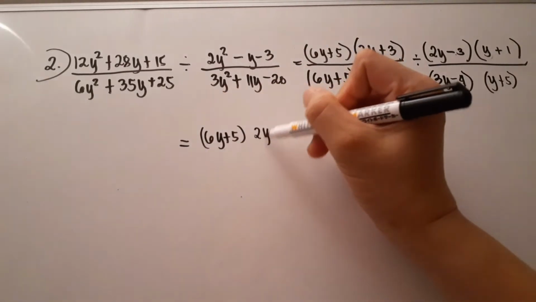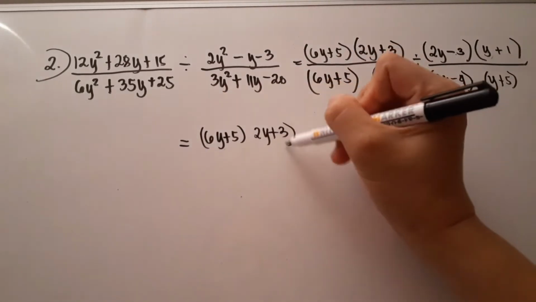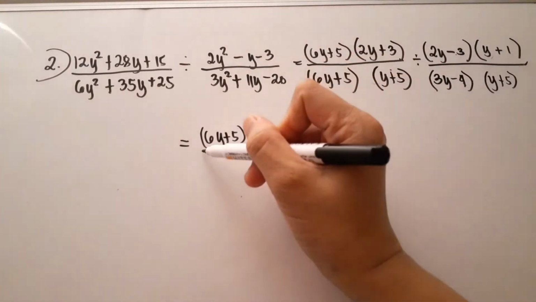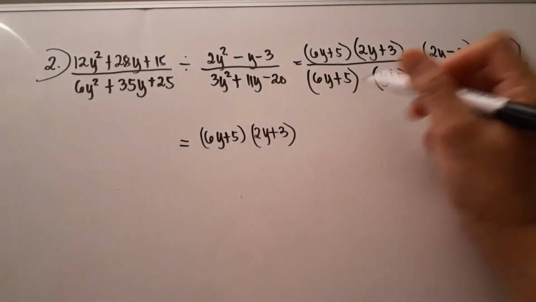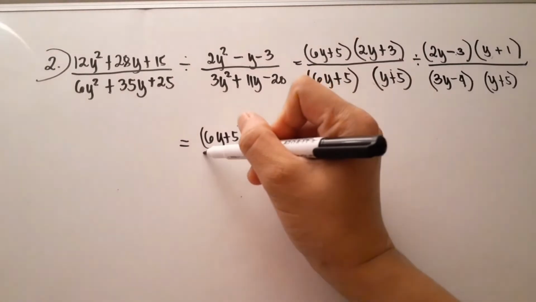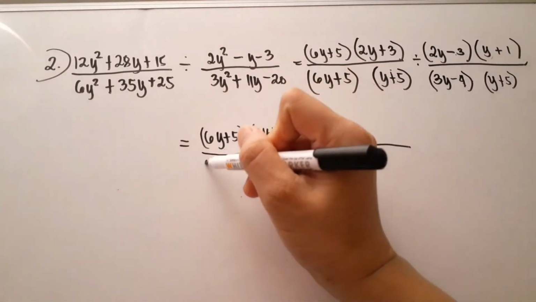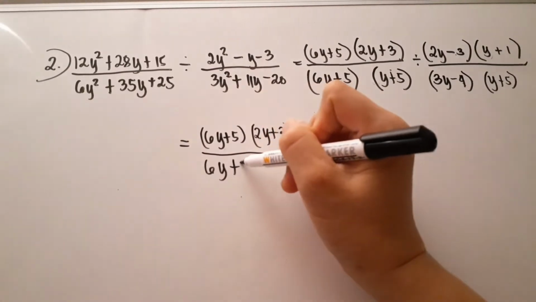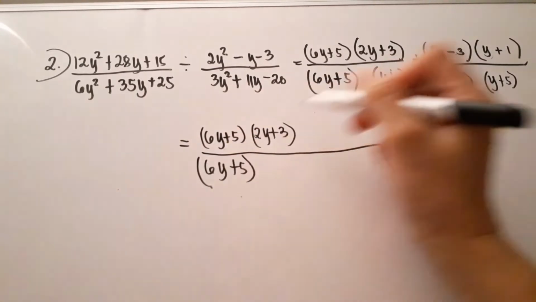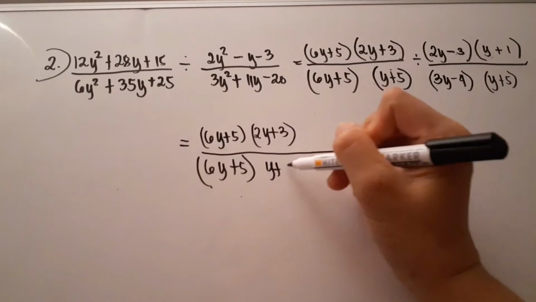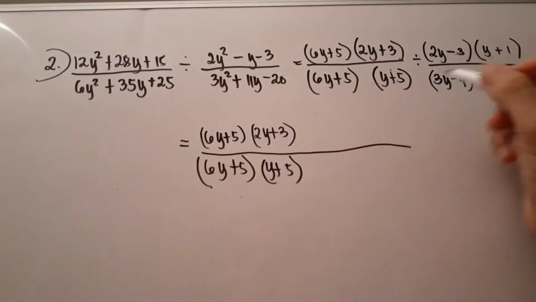We copy the first term: 6y positive 5, 2y positive 3 over. In multiplying, we connect them together, so we have 6y positive 5, y positive 5.